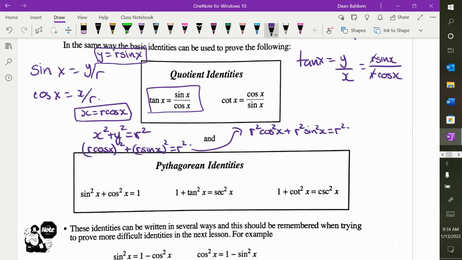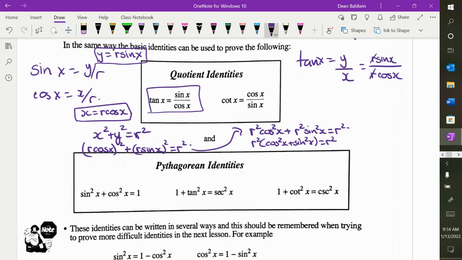Everybody agree with that? I can factor out an r squared, and then I can divide off the r squared.